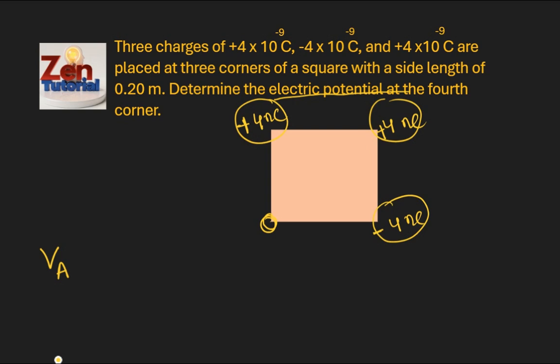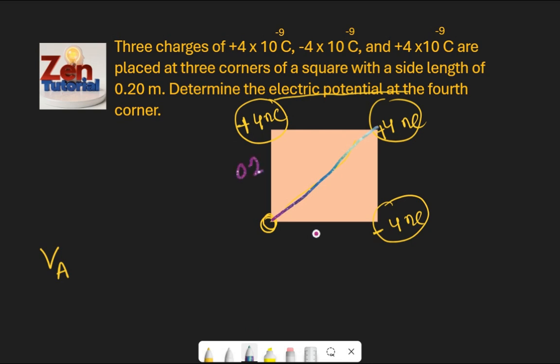Indeed, we have to determine the corner, and what we also have is the data within the question. One is the side is 0.2 meter. So this is 0.2 meter, also 0.2, also 0.2 meter.